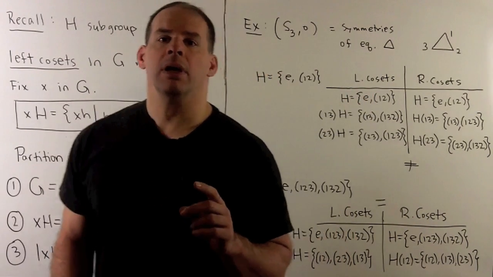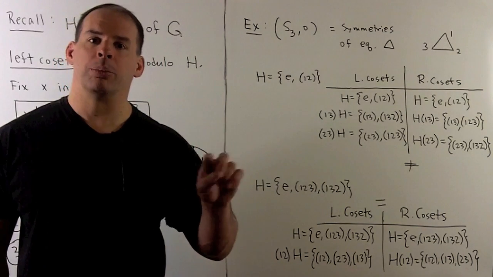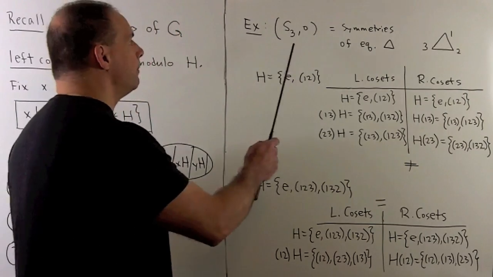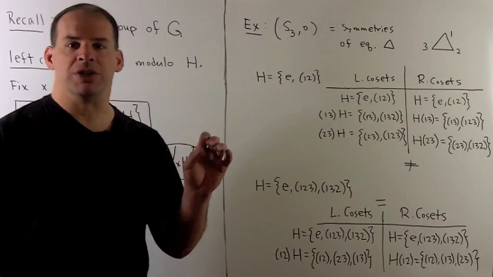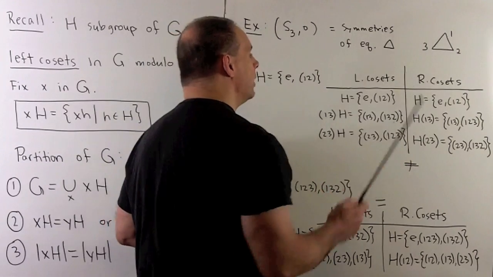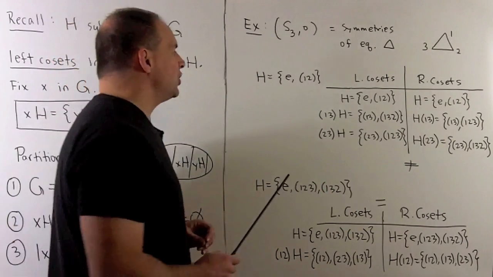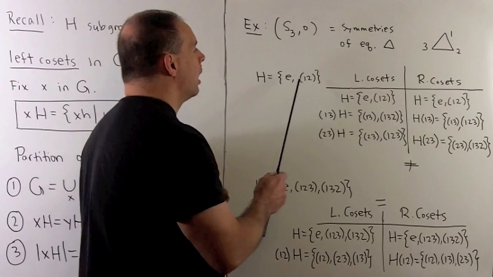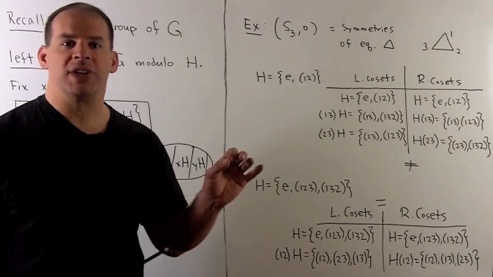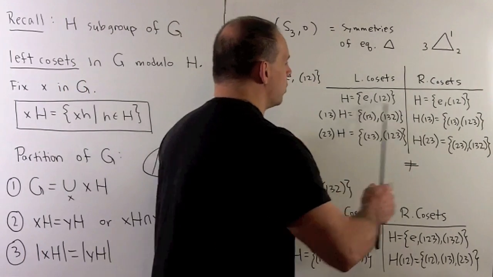Now, let's consider situations that occurred in the previous talk. For the specific example of S3, here I have the symmetries of an equilateral triangle. We label the vertices 1, 2, and 3. If I take the subgroup H equal to {e, (1 2)} and form the left and right cosets, we note that our cosets don't line up.